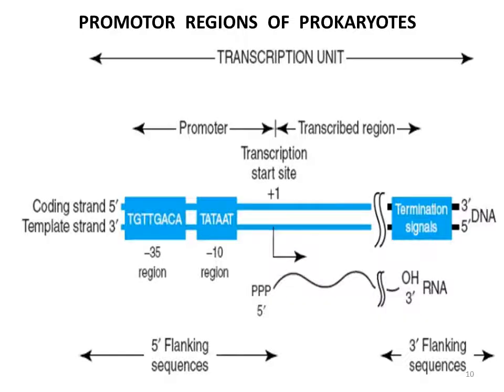So this diagram shows us the transcription start site. This is the site from where the process of transcription starts. So this region will be transcribed. Before this region we have some conserved sequences, like the 10 base pair region known as the TATA box and the 35 base pair region, the Pribnow box.